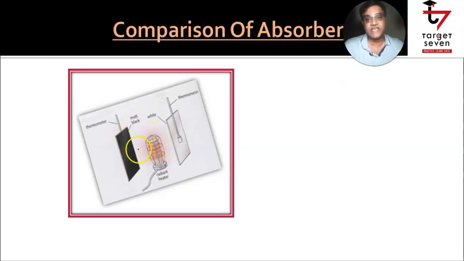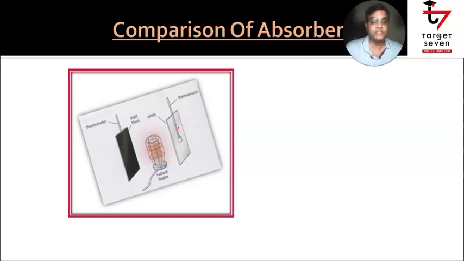The surface area of both of these objects should be the same, and equidistant from the heat source. Place thermometers and measure the temperature after a specific duration of time.